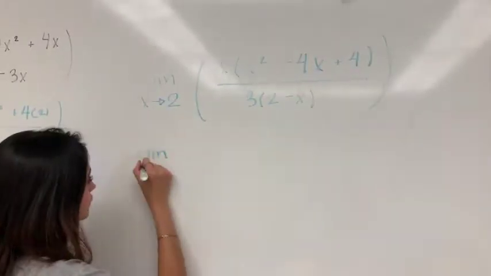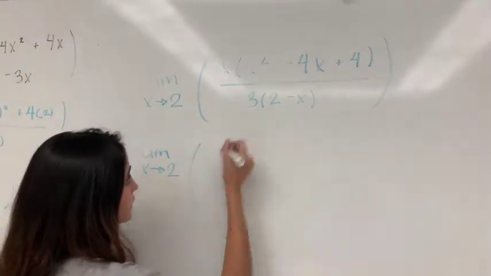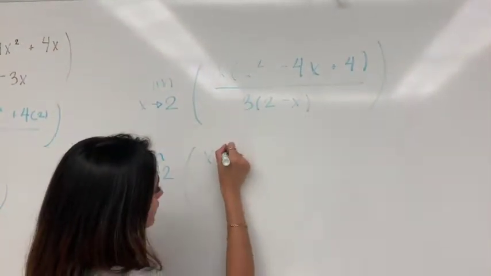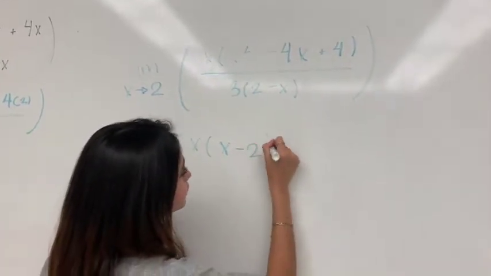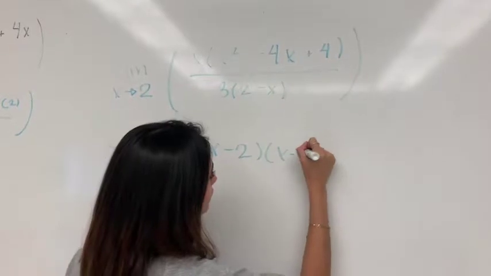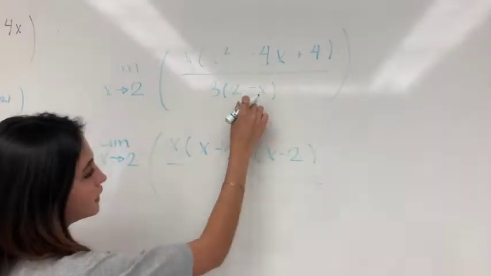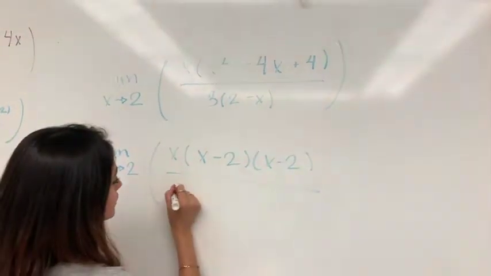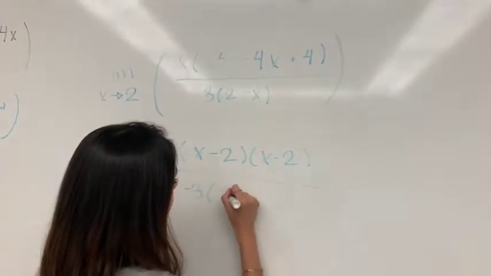And then we're going to continue to factor. In the top part, we're going to have our x outside, and then x minus 2, x minus 2. And on the bottom, we're going to take out the negative, and it's going to be negative 3 times x minus 2.